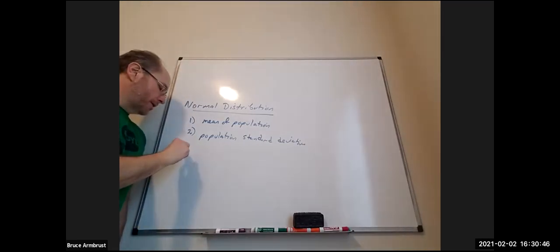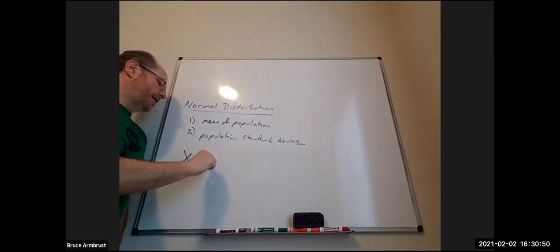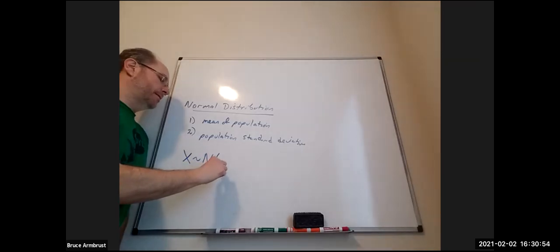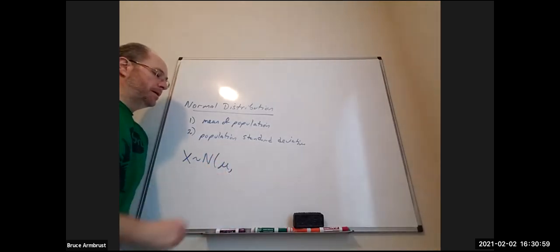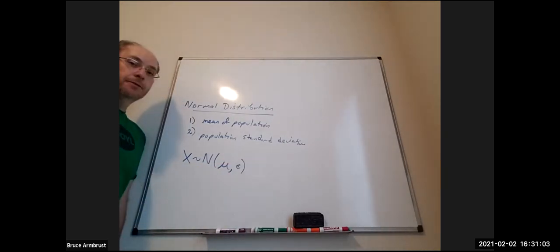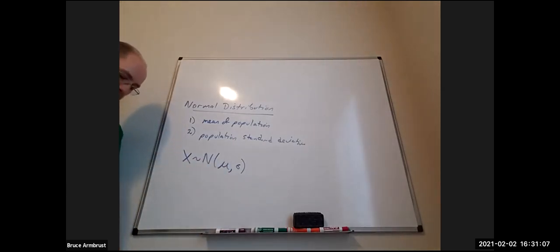So the way we're going to write this, x is our variable. We're coming from a normal distribution, so capital N. And then in here, we're going to have a mu. And we're going to have a sigma. Okay, so you need to know your mean and your standard deviation.